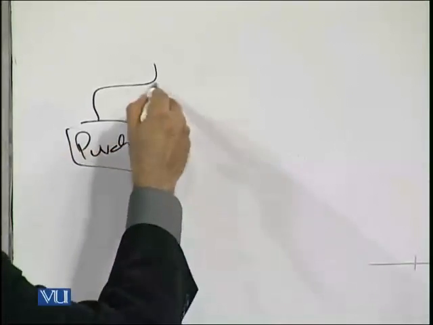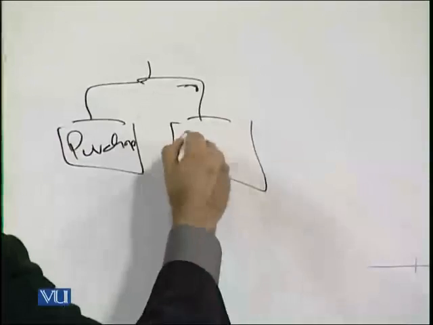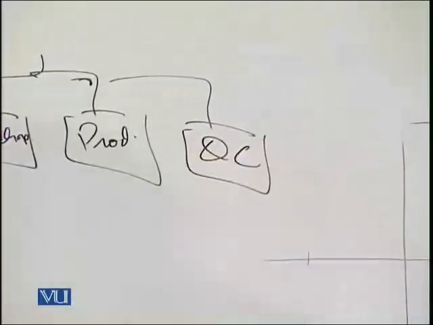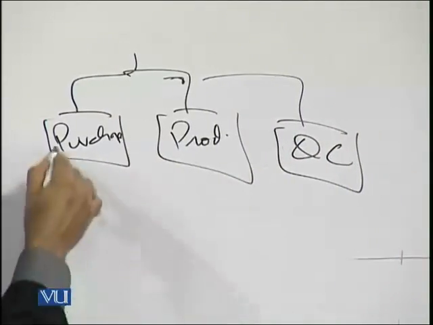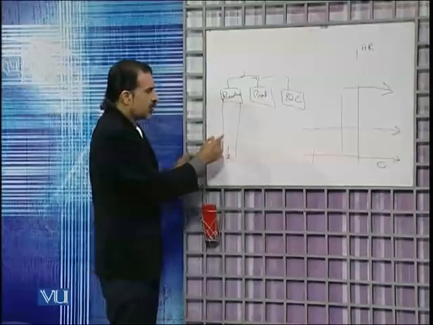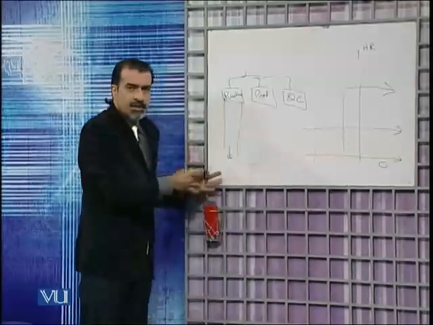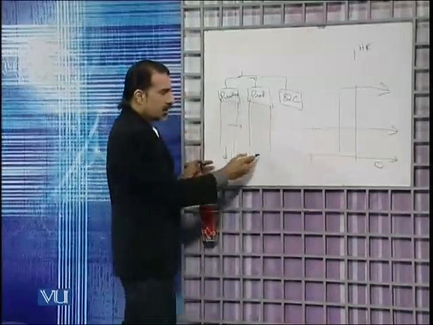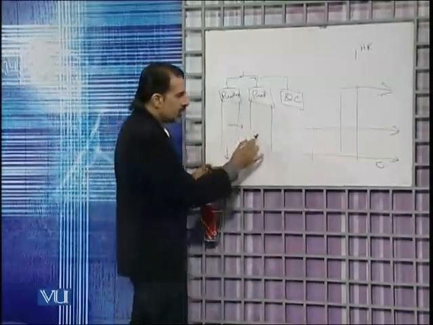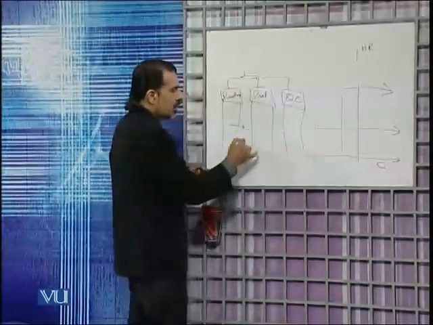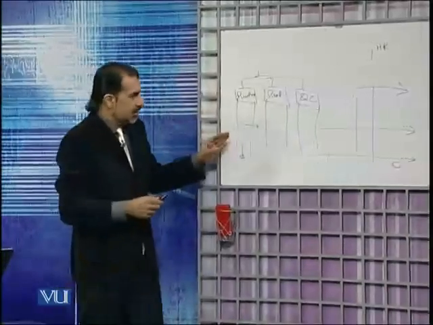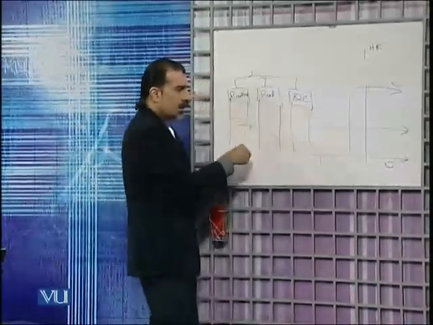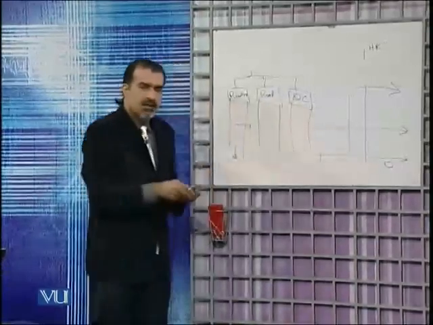So purchasing and production and quality control will perform their duties, but they will look vertically. Purchasing will perform their job and will then present the raw material to production and quality control, who within their departmental domains will do their work, and the product, instead of moving like this, will be looked upon like this and will then be moving on.